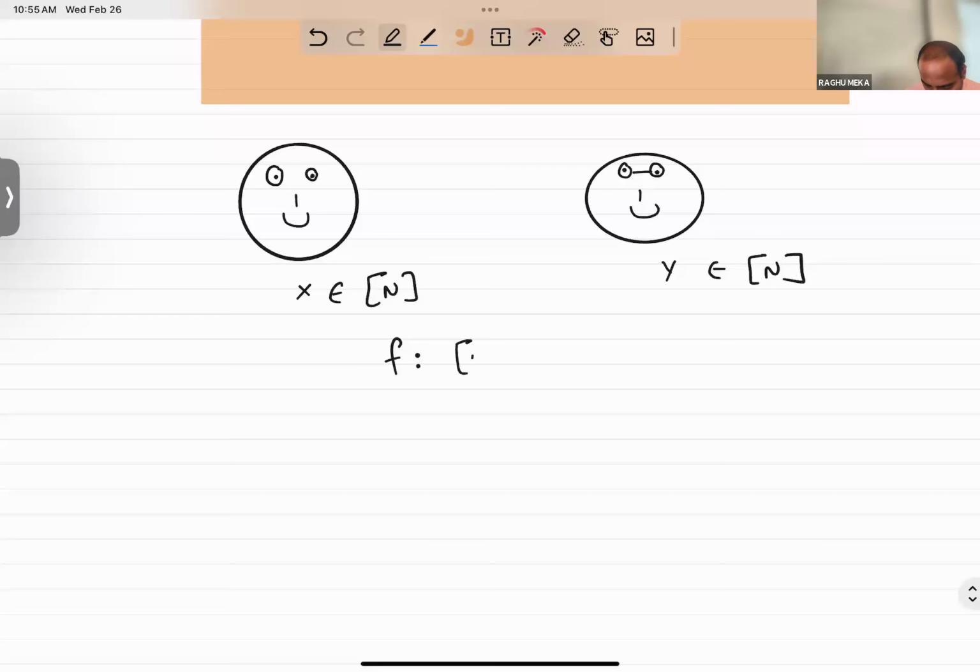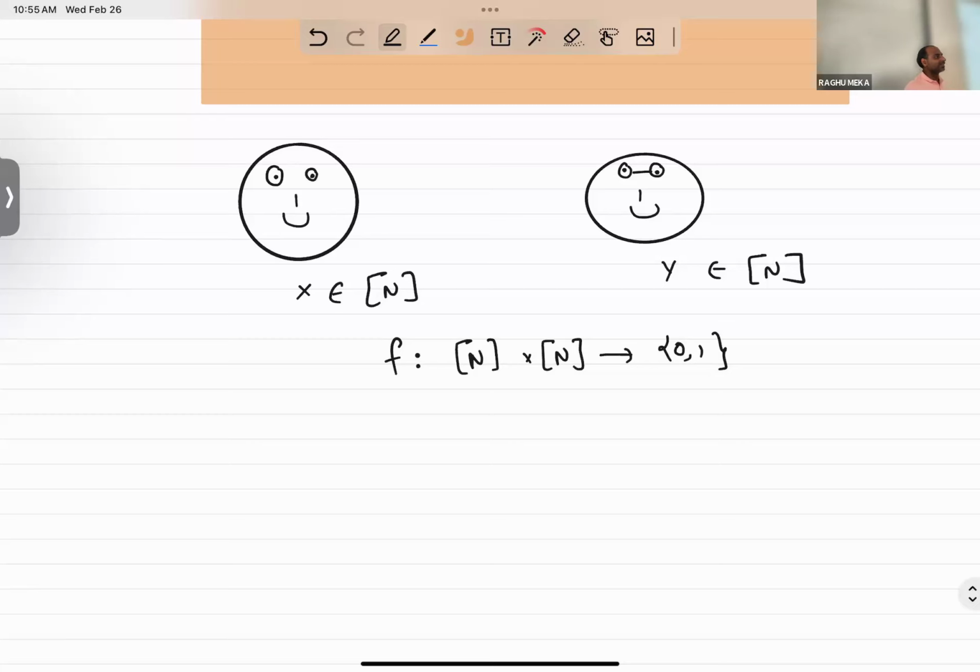And they're trying to compute some function, let's say even a Boolean function. We already talked about the equality function, right? So equality means I want to check if x equals y.